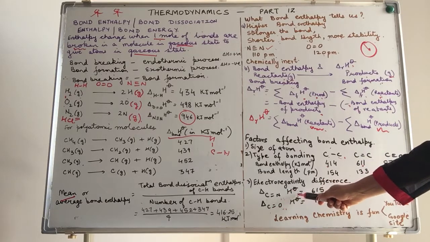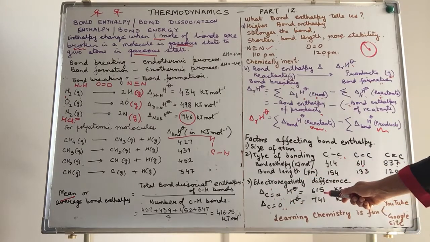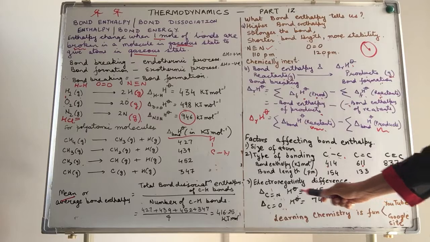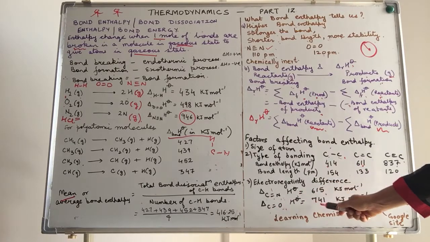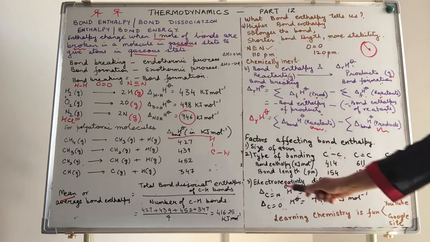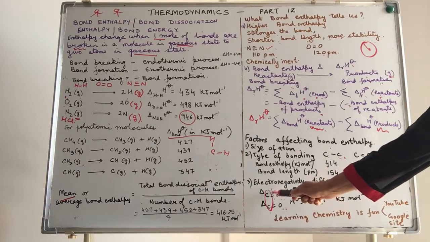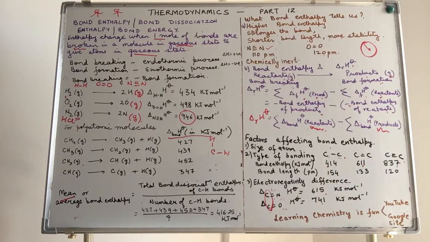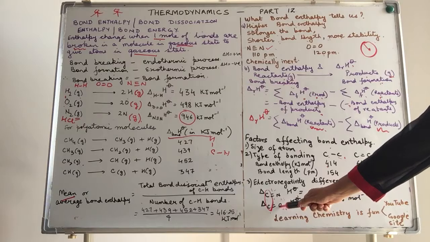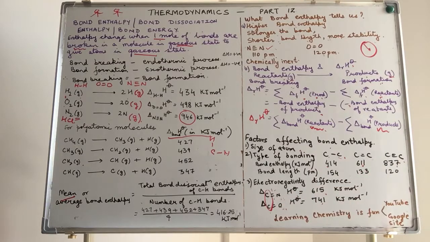The standard value for the bond enthalpy of C double bond N is 615, whereas for C double bond O it is 741, which is much higher than that for C double bond N. The constant factor over here is C and the double bond between the two atoms. What is changing is the atom to which the carbon atom is bonded. So it's nitrogen and oxygen.